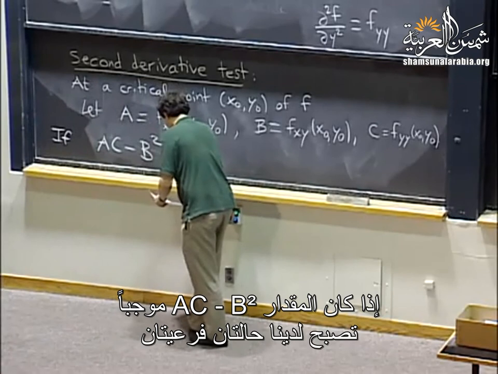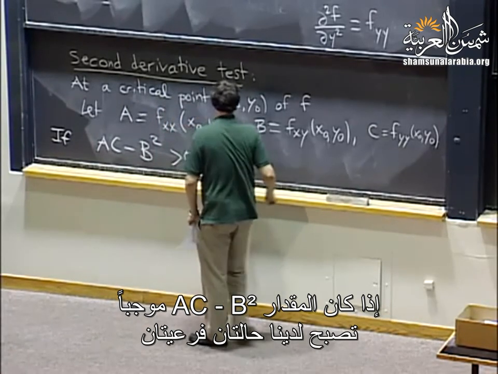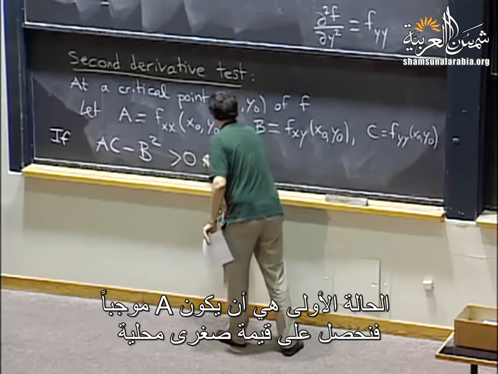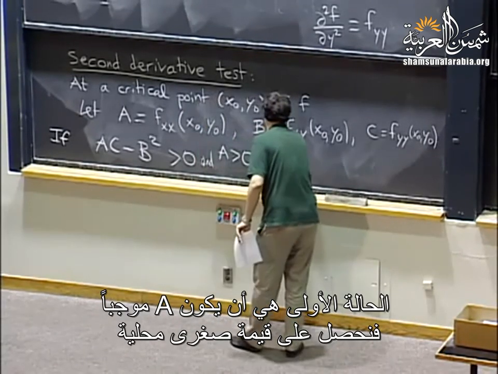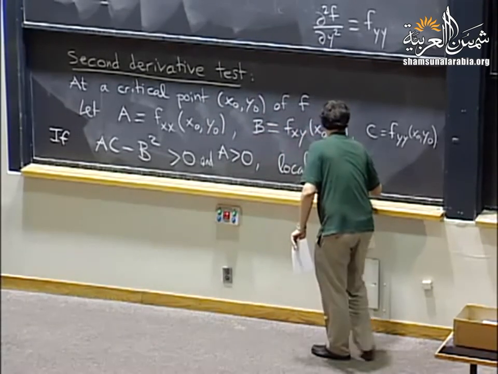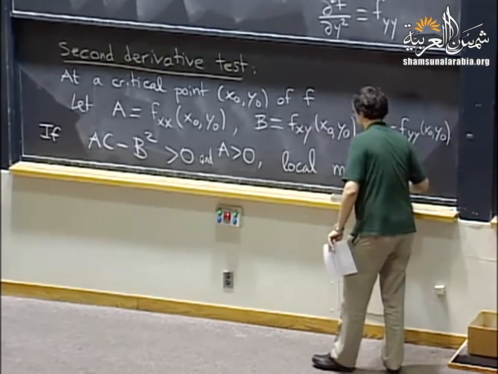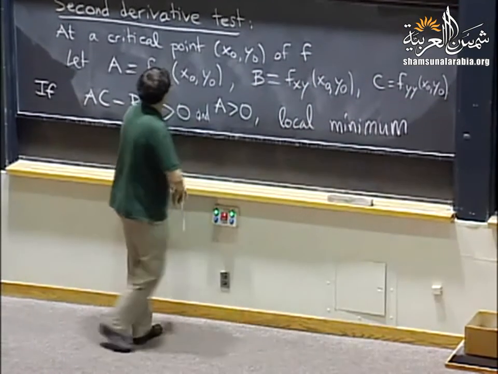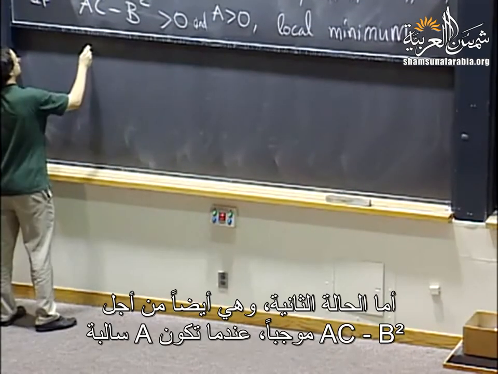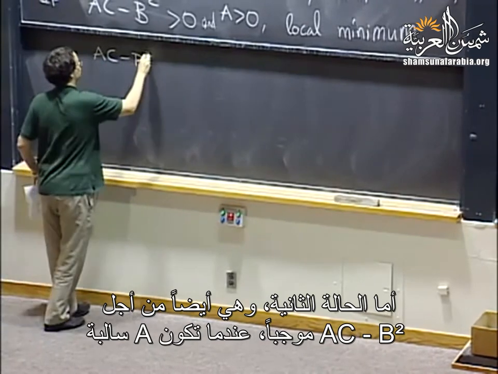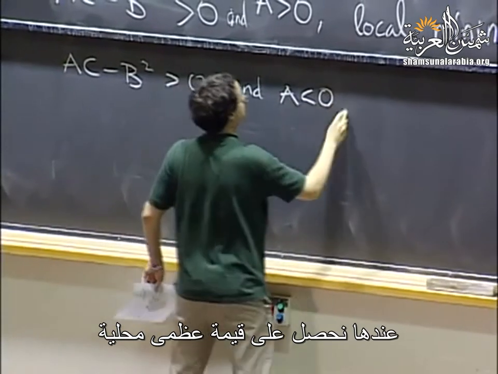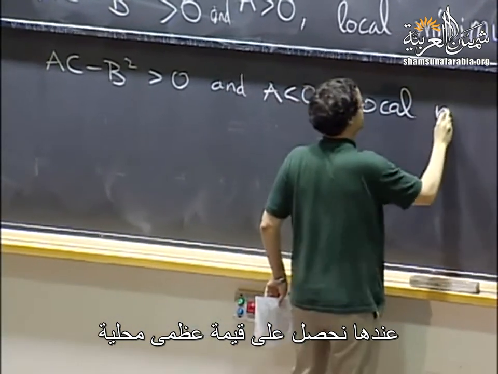So if AC minus B squared is positive, then there's two subcases. If A is positive, then it's a local minimum. The second case, so still if AC minus B squared is positive, but A is negative, then it's going to be a local maximum.